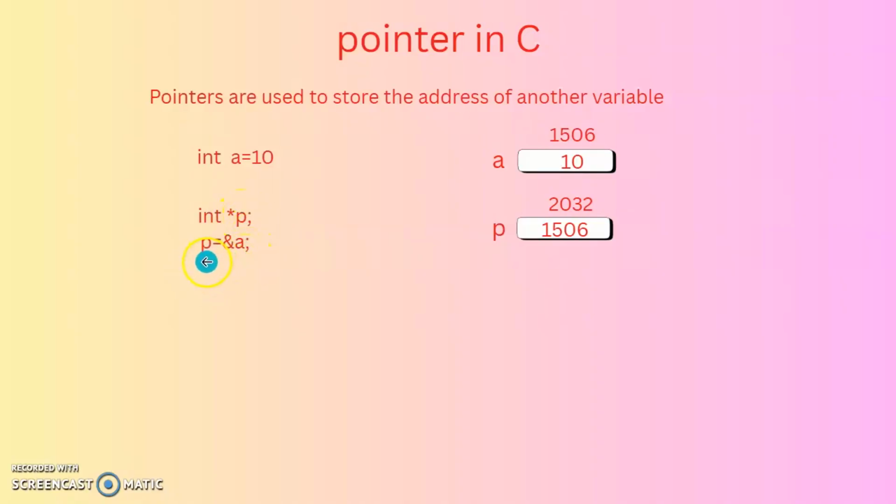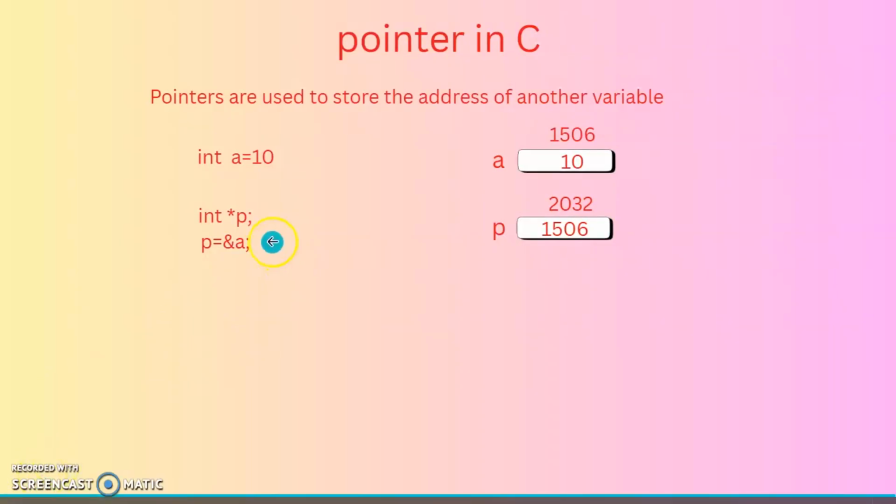So I say p is equal to address of a. By saying this statement, what will happen? P is a pointer variable. It will have the address of a. So what is the address of a? 1506. So this 1506 will be stored in the memory and it will have its own address. So that is what happens when you apply this pointer variable.